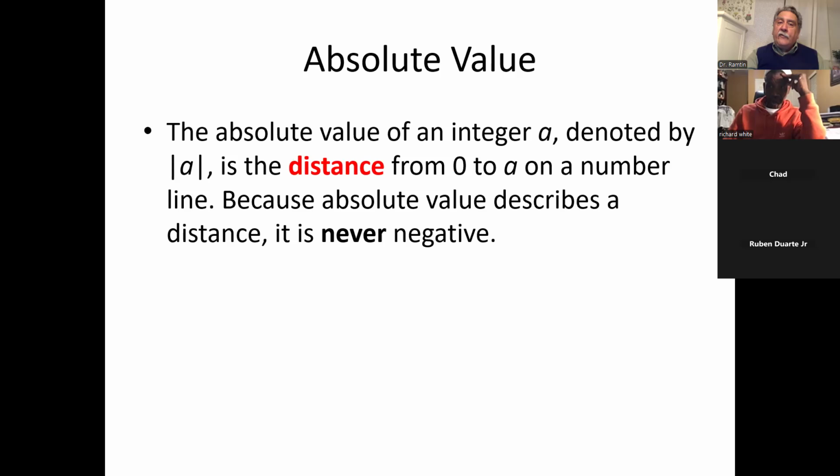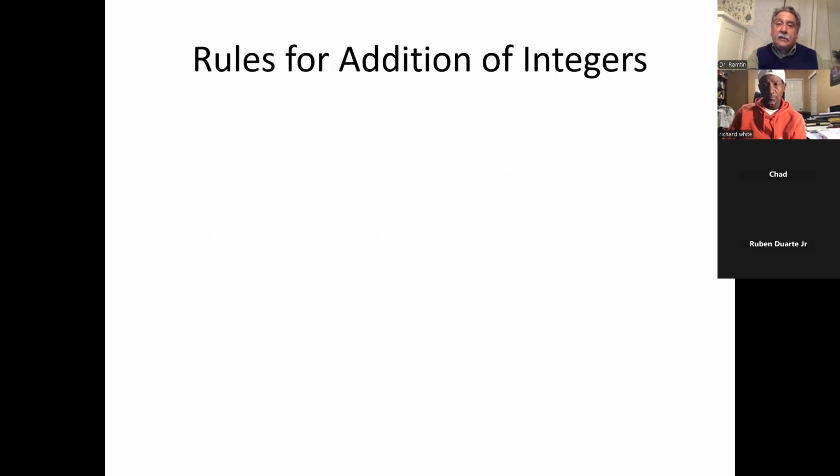The absolute value of an integer, we call it A, and we put 2 vertical lines around it, is the distance from 0 to that number. And because the absolute value describes a distance, it can never be negative.